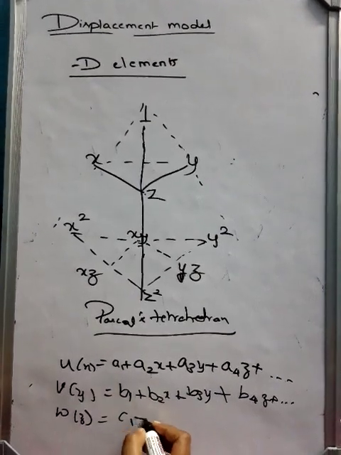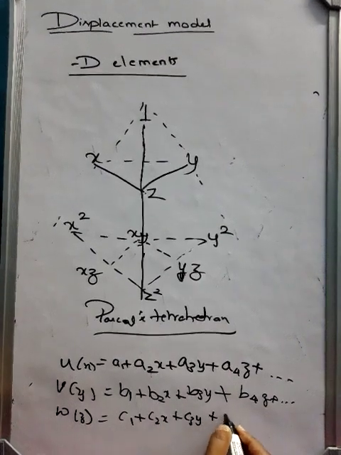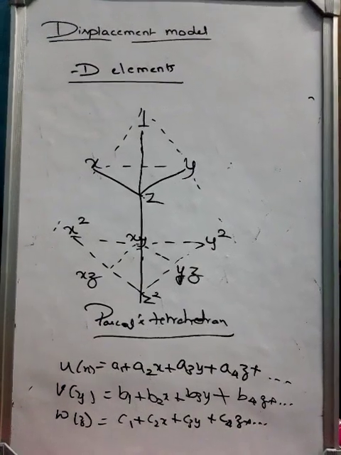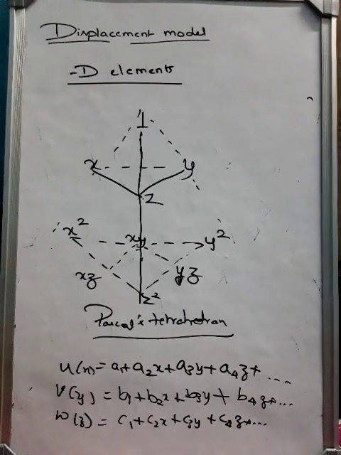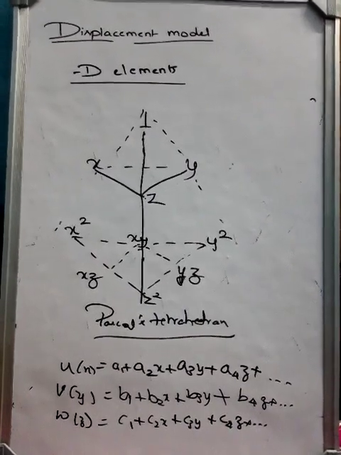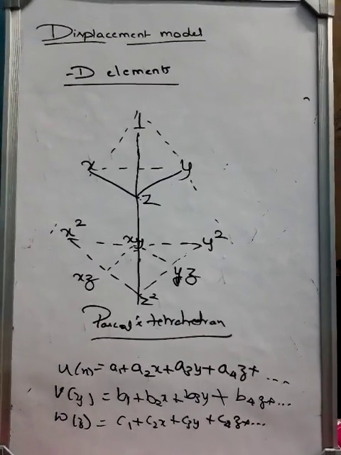That is c1, c2 into x, c3 into y plus c4 into z. See, I am just changing the generalized coordinates. Whatever the x, y and z pattern is there, it is the same only. The only thing is I will be changing the generalized coordinates.